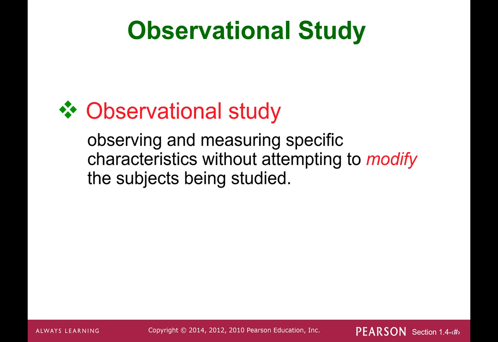Observational study: researchers just observe and measure specific characteristics without attempting to modify anything. You do not modify the subjects being studied. This is a very important concept embedded in the observational study: no modification needed.